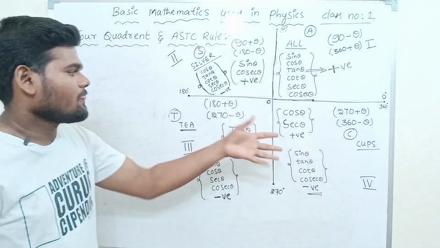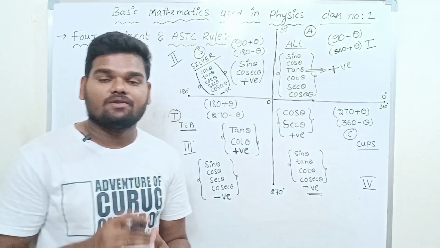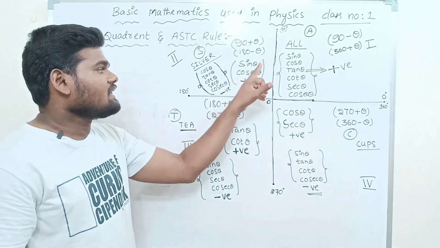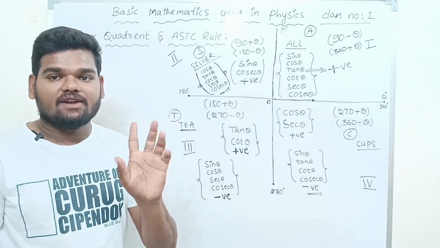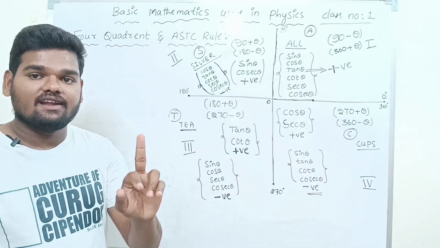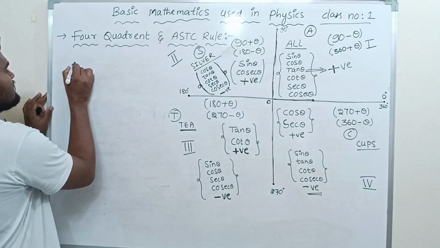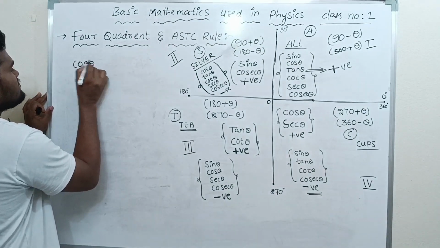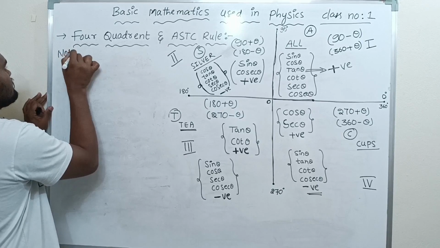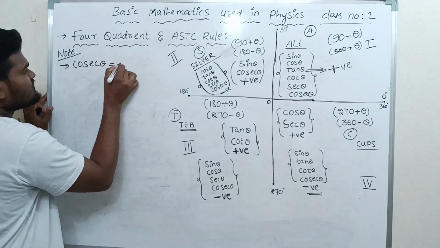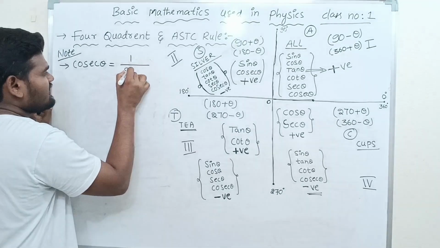So from this 4 quadrant and ASTC rule, one thing is clear that sine theta and cosec theta lie in the second quadrant, and we can write, note, cosec theta is equal to the reciprocal of sine theta.